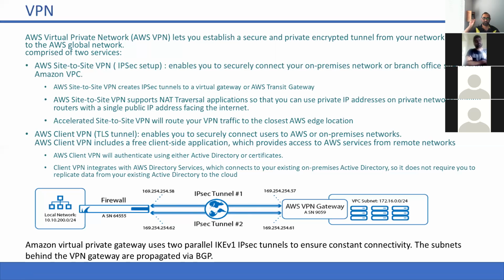That tunnel is called a VPN tunnel. In AWS we have majorly two kinds of VPN connections. One is site to site VPN and one is a client VPN. Site to site VPN enables you to connect your on premise network or branch office to your Amazon VPC.